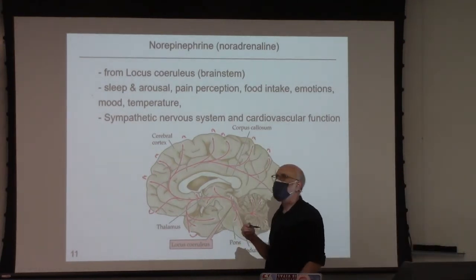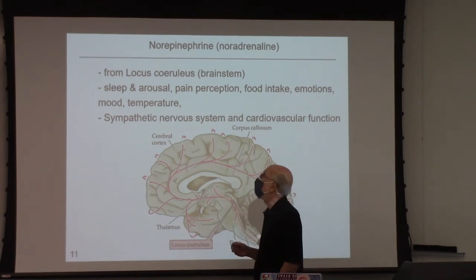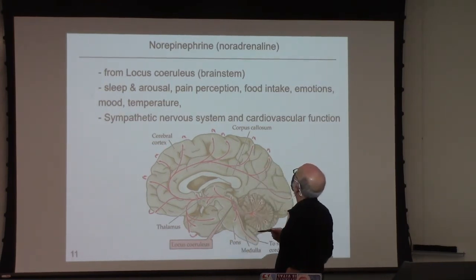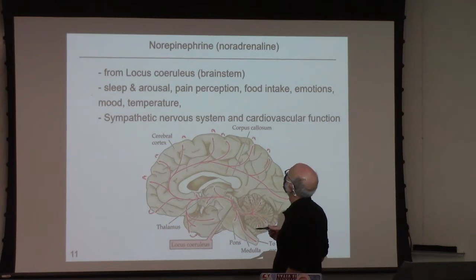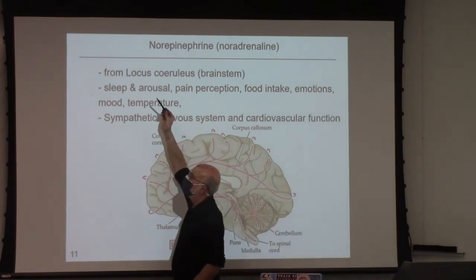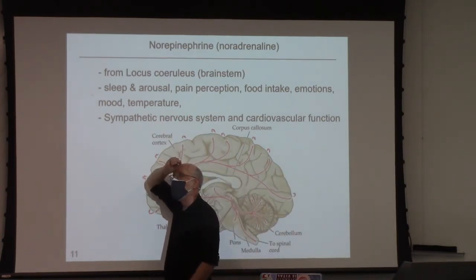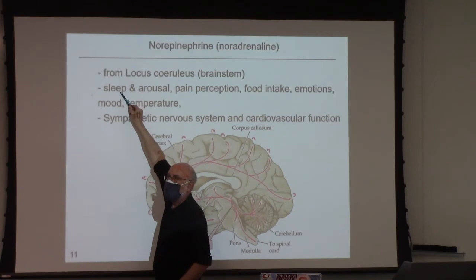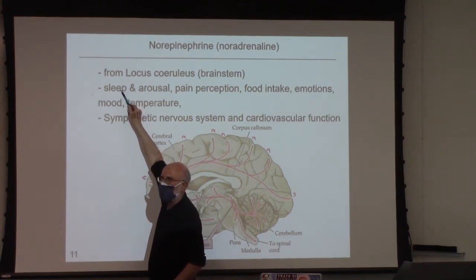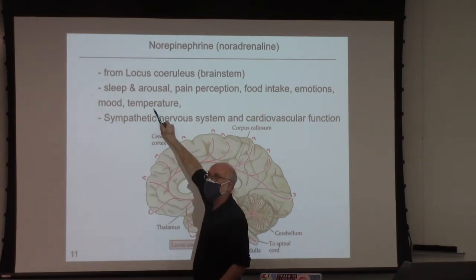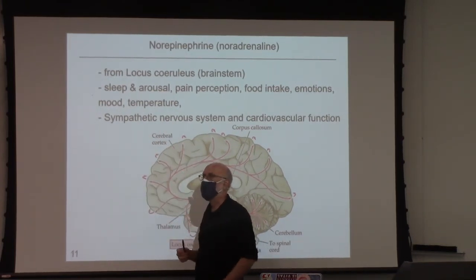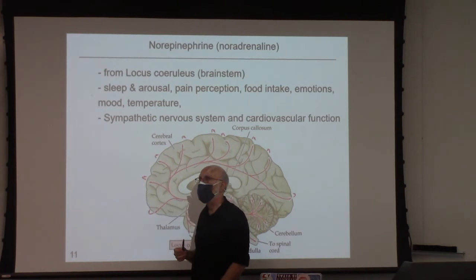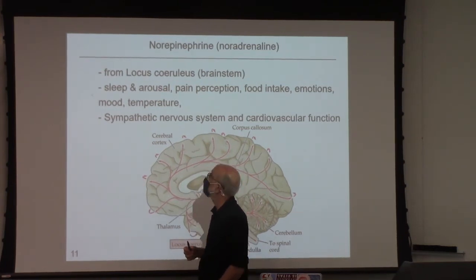So it's complicated, and it's not as straightforward as dopamine. And I don't want to make things up. But abnormalities in sleep pattern are sometimes downstream from abnormalities in norepinephrine signaling. Abnormalities in temperature homeostasis are sometimes downstream from abnormalities in norepinephrine homeostasis.